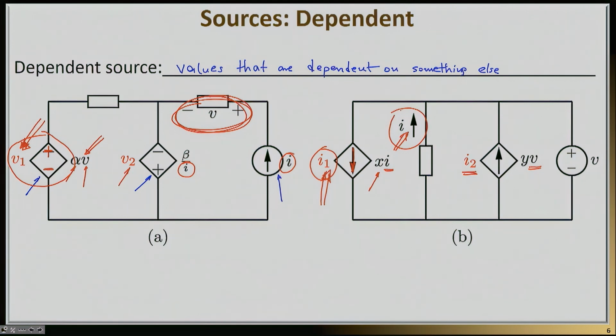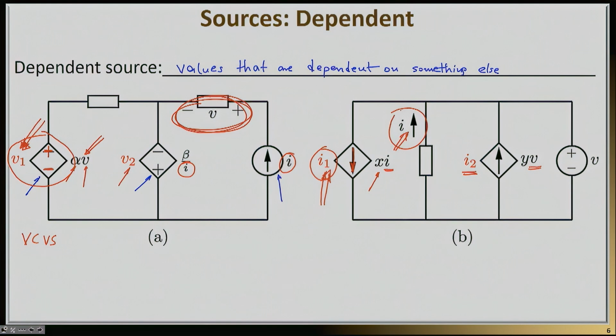So, and we give names to those things. For example, we call this very first source here voltage-controlled voltage source. So voltage-controlled, VC, signifies that this source is controlled by a voltage. Vs, the voltage source, signifies that this is providing a voltage to you.